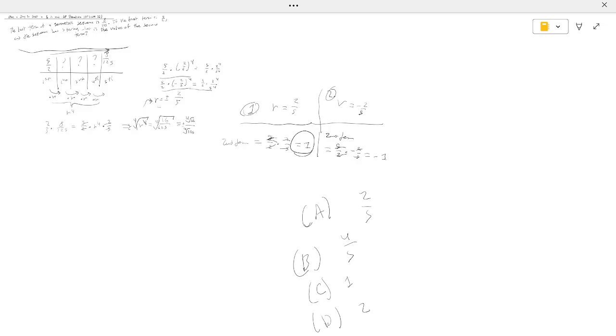If this was a test, I would have done the work, obviously faster than I have. I'm taking my time to help explain it. And gotten plus or minus 1, just based on solving that. But notice there's no -1, so it has to be C, which is 1, right?